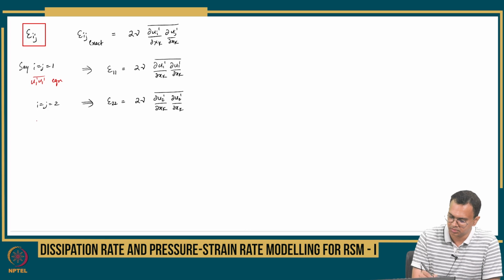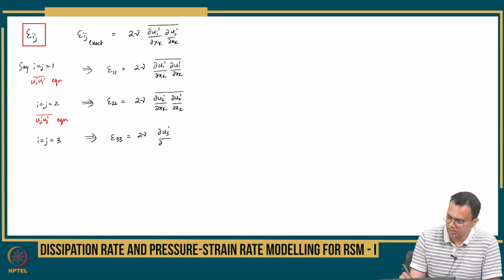This is the u2 prime equation. And then i equal to j equal to 3: epsilon 3 will be 2 nu dou u3 prime by dou xk, and so on. I am not expanding the repeated index k.